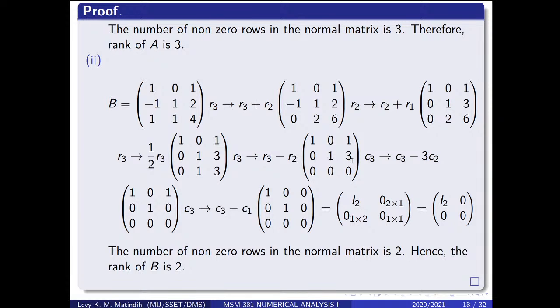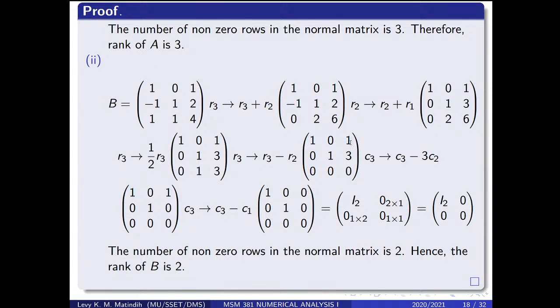So the first operation is, we are going to make the third column a column of zeros. So we are going to say column 3 implies column 3 minus 3 times column 2. Why are we changing column 3 to being column 3 minus 3 times column 2? Because we want to make this entry, the 3, which is the third entry in row 3, a 0.